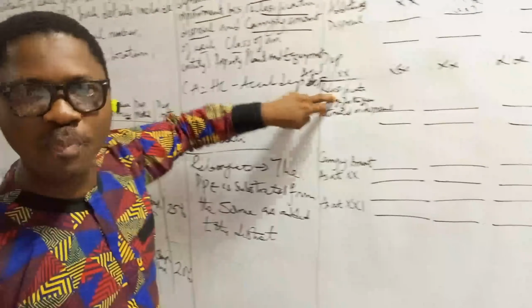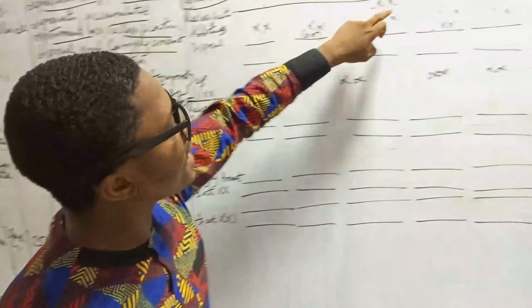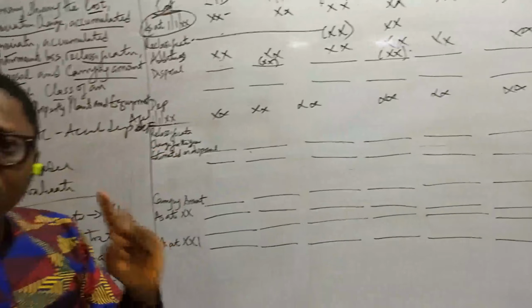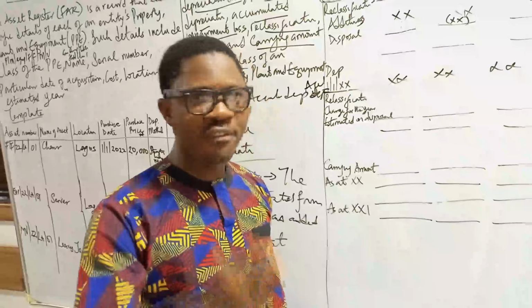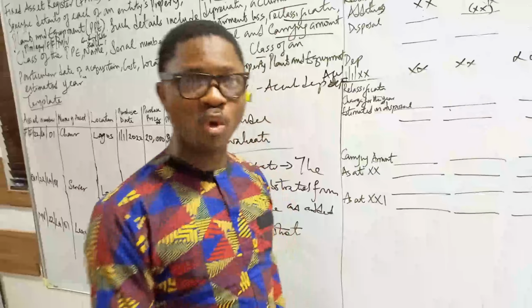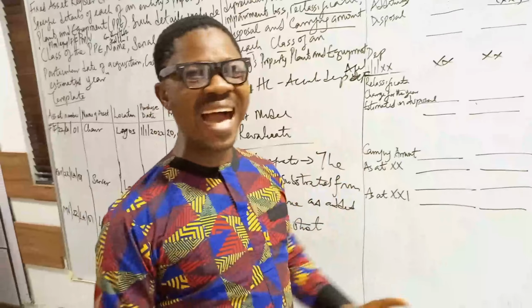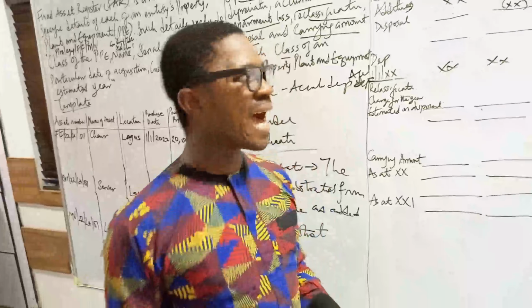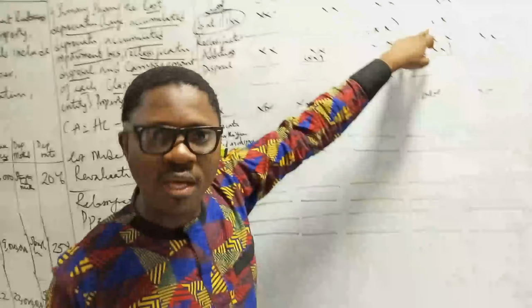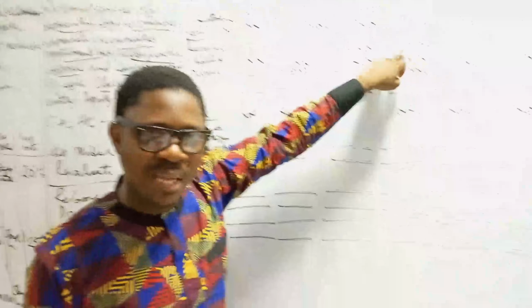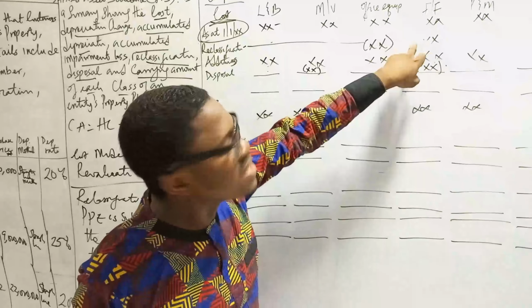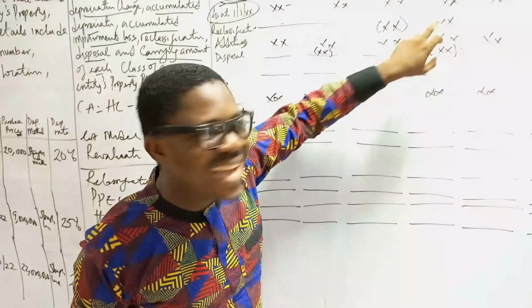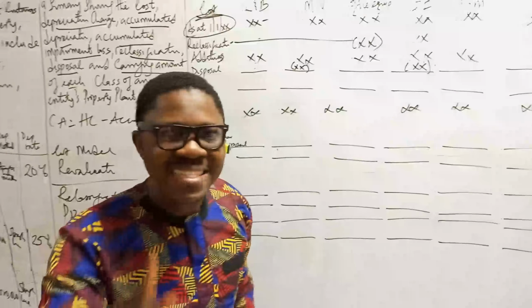Also reclassification: because we are moving an asset from equipment to furniture, we also need to move the accumulated depreciation of the same asset from equipment to furniture. Why? Because if we don't do that, at the time that we are disposing that asset from the destination class of property, plant and equipment, it would have understated the carrying amount of furniture and fittings at the time of disposal.